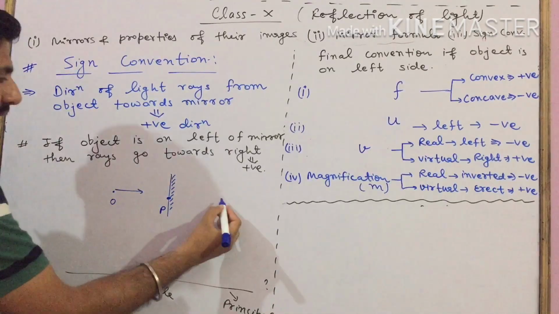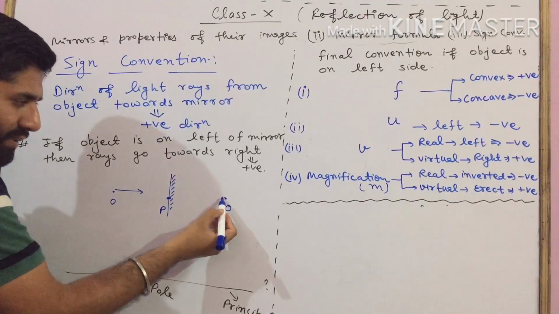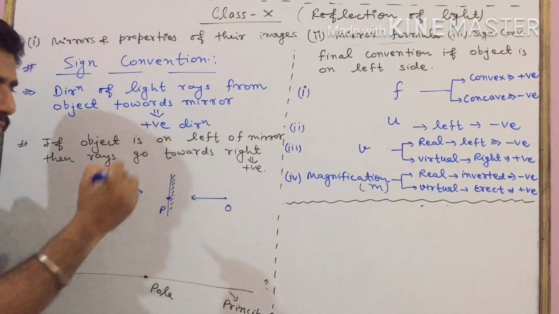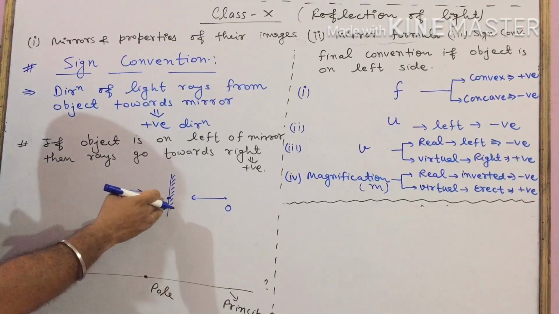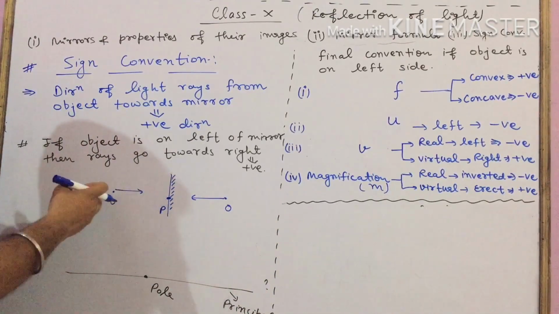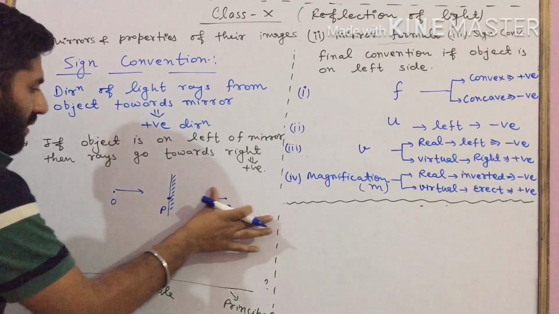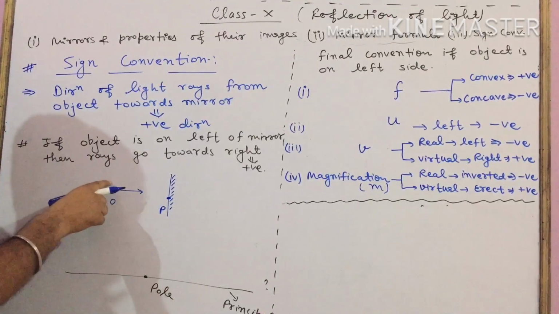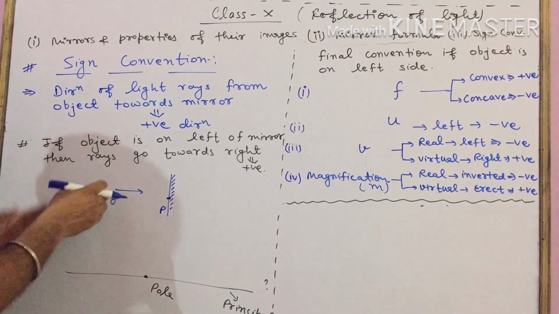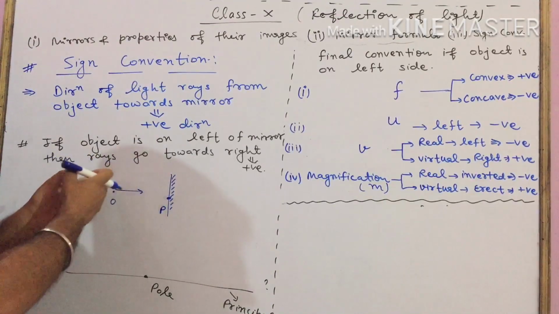And suppose the object is on the right side, so light rays will be moving towards left because the mirror is towards left. In that case, the direction which is left from the pole will be taken as positive. But in our syllabus, we always assume the object to be on the left side. If the object is on the left side, then light rays from the object will always be moving towards right.